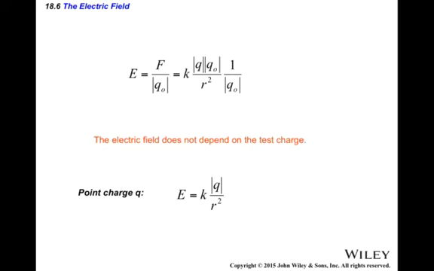The electric field does not depend on the test charge. So for just a point charge Q, the electric field is, see, look, the test charge cancels out, equal to the charge, I usually use a capital Q here, divided by R squared.